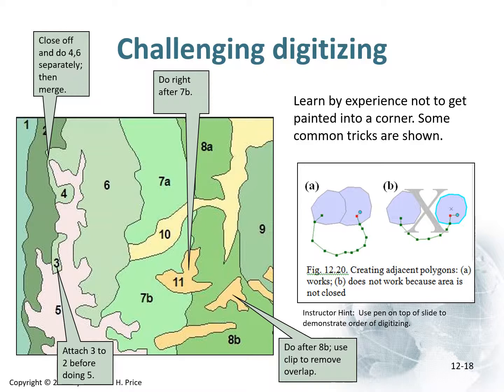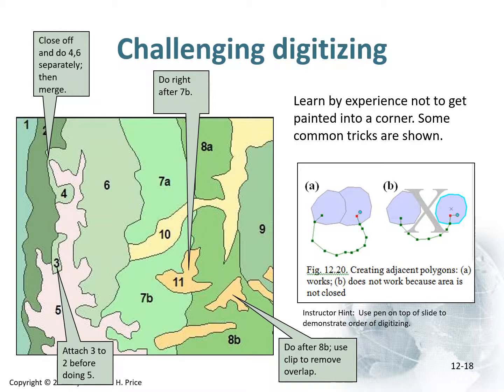So what do you do? Well, close off and do 4 and 6 separately, then merge them would be one option. You can attach 3 to 2 before you do 5. You can do 11 right after you do 7b. You can do 8b and use the clip to remove it or erase it. If there's an overlap, there's lots of different ways you can do it.